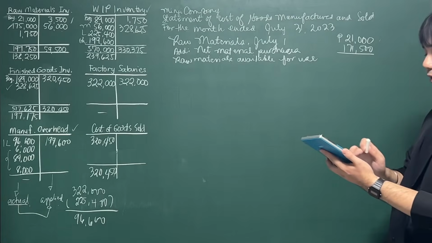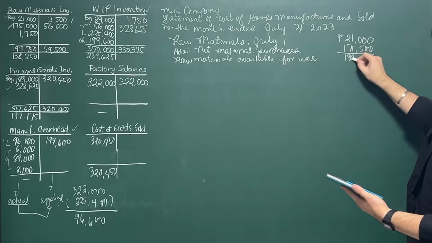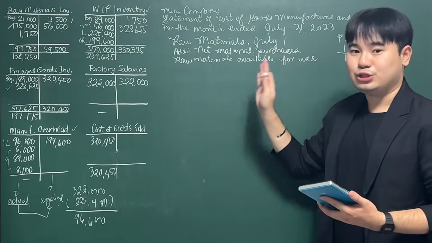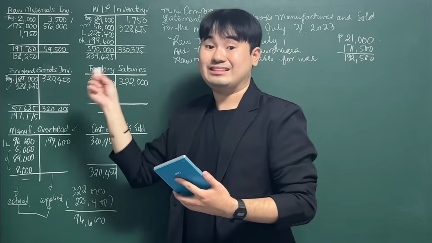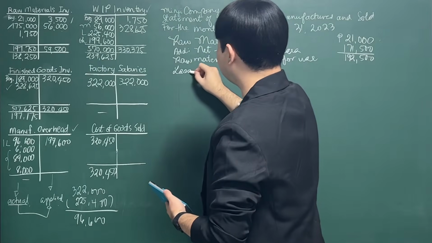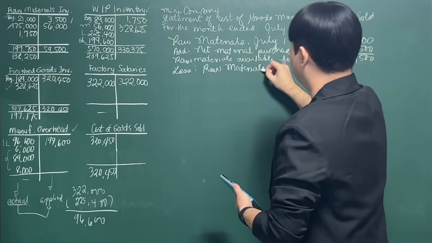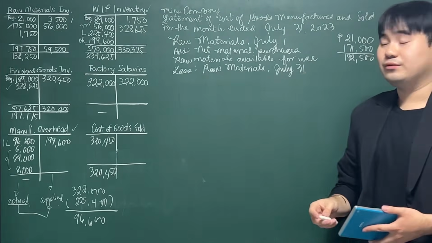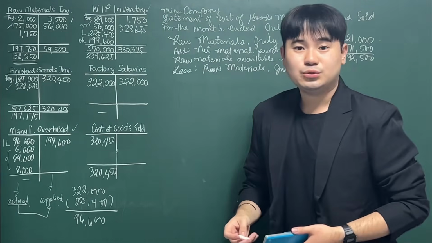Okay, so 21,000 plus 171,500 gives you 192,500. If these are all the materials that you have, let's try deducting now the amount of materials that was left in the stock room at the end of the production cycle. So we deduct raw materials at the end of the period, which is 138,250.